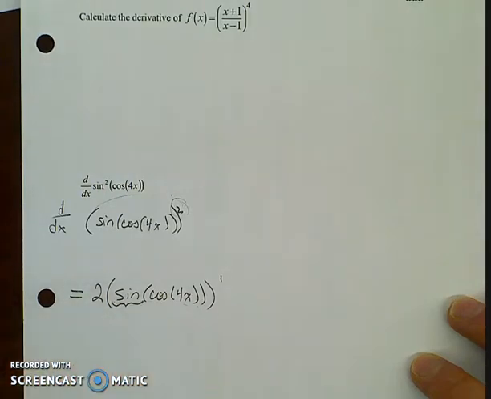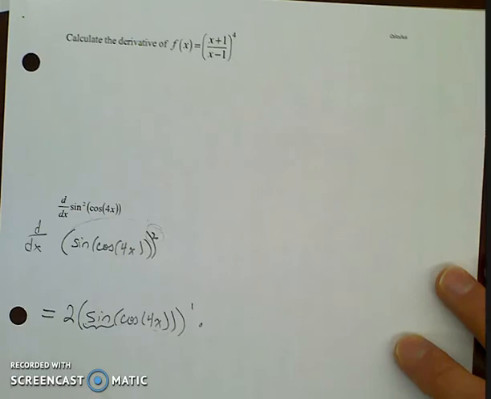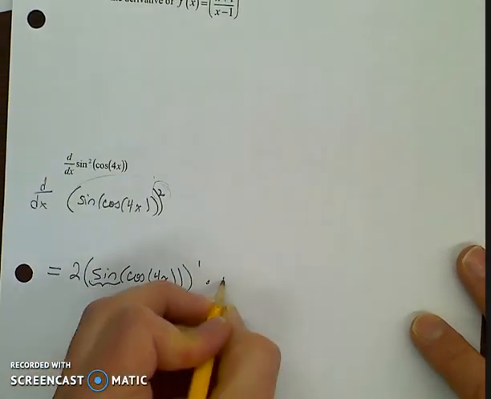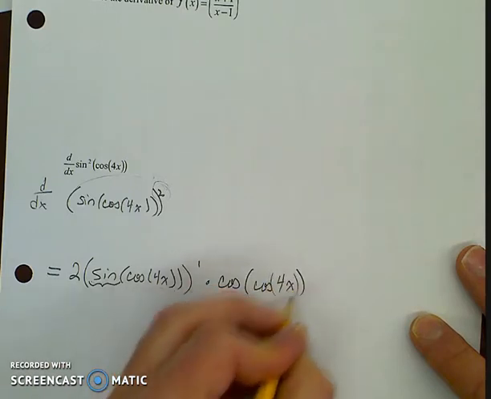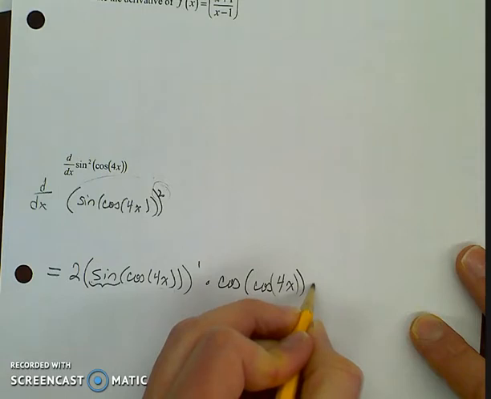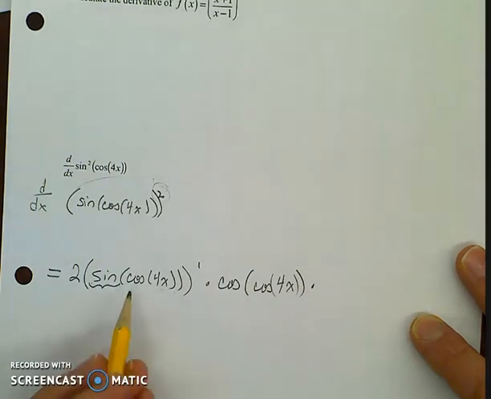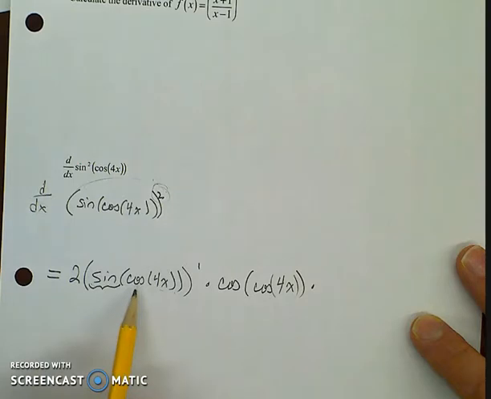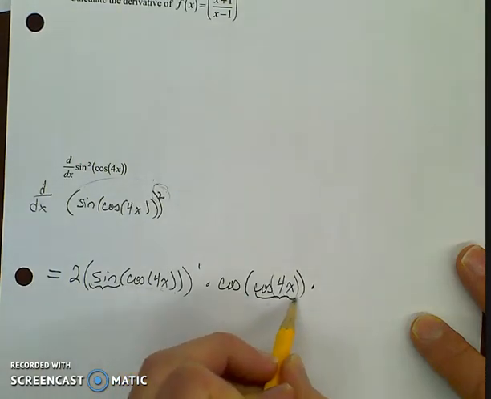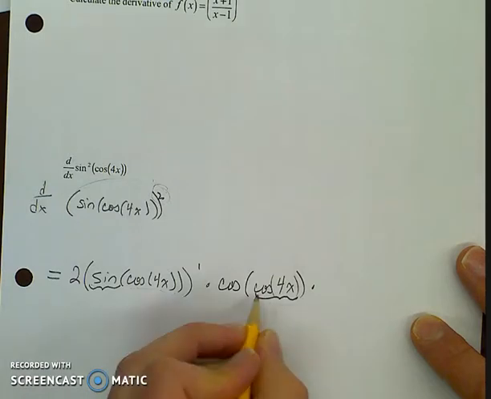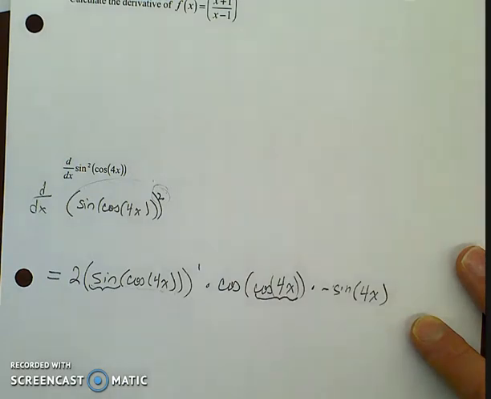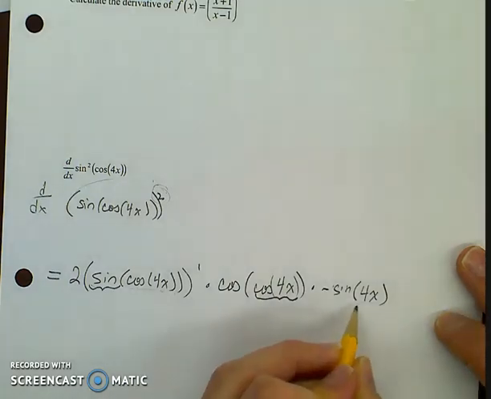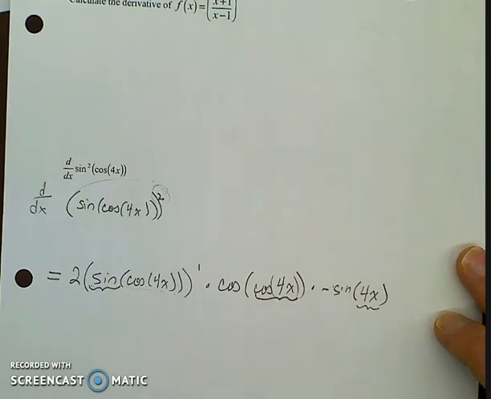So we need to take the derivative of that, multiplied by the derivative of its sine, cosine, keeping the inside the same. So we just did that, multiplied by the derivative of the inside. Well, the inside is now here, so now we're taking the derivative of that. The derivative of cosine, negative sine, keeping the inside the same, multiplied by the derivative of the inside again, which is times 4.